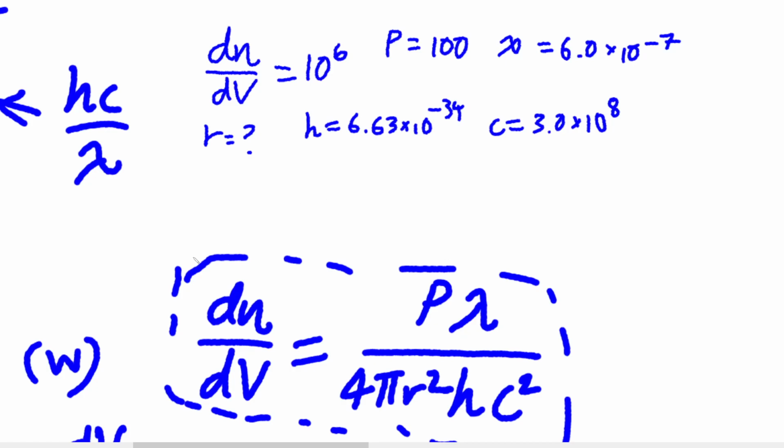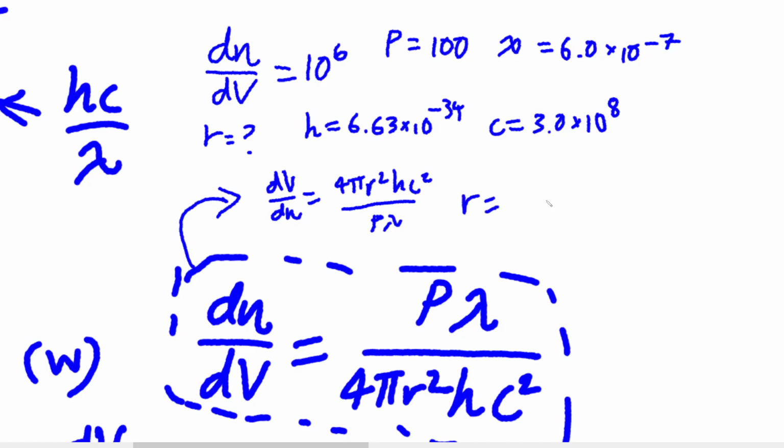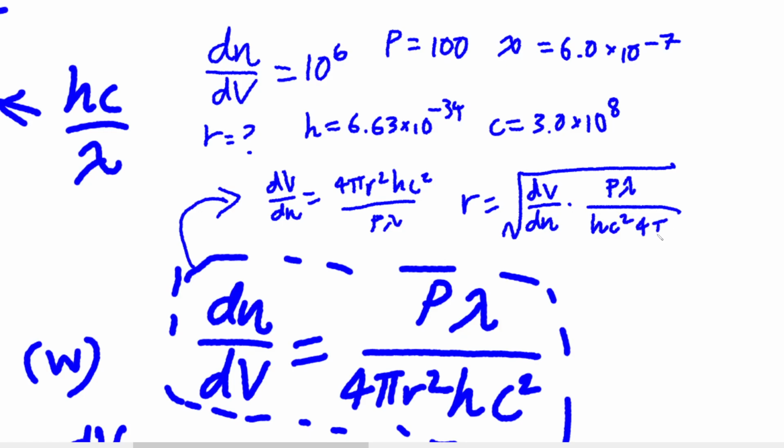And overall, putting all of this into a rearranged version of this formula that I've just explained, we get dV by dN is 4 pi r squared hc squared over P lambda, or r is the square root of dV by dN times power times lambda on top and hc squared and 4 pi on the bottom, to be put into a graphing calculator.